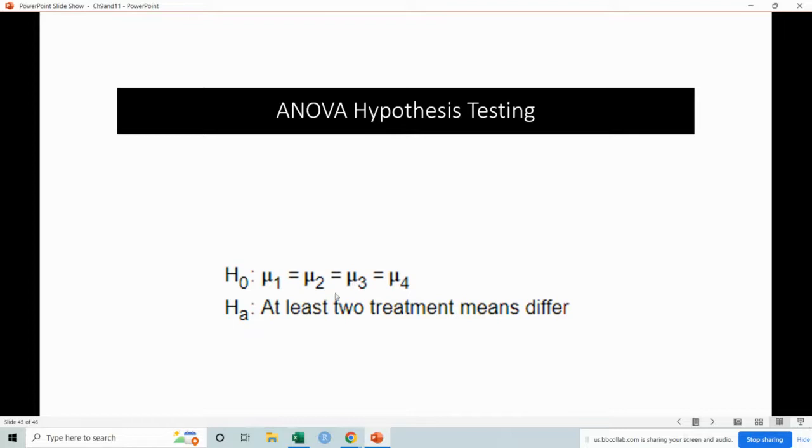Basically for our alternative hypothesis to be true, if any one of these is not the same, then we can reject the null hypothesis. So Anova hypothesis testing is actually kind of easier than setting up a 2-sample hypothesis test, because the hypothesis setup is always the same.